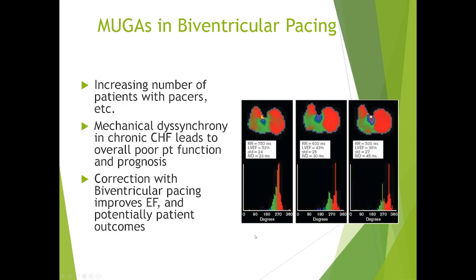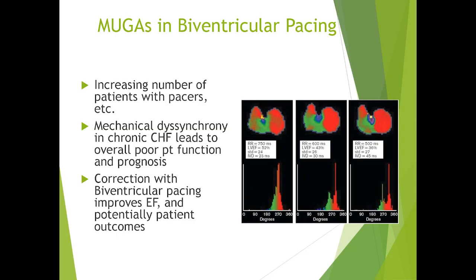But one of the newer developments that has taken place is the use of biventricular pacing. In some situations the myocardium is contracting in a dysynchronous pattern, and by setting pacer leads in the correct position, the myocardium can be made to beat again in a more synchronous fashion, therefore not only improving the patient's quality of life, but also overall prognosis.